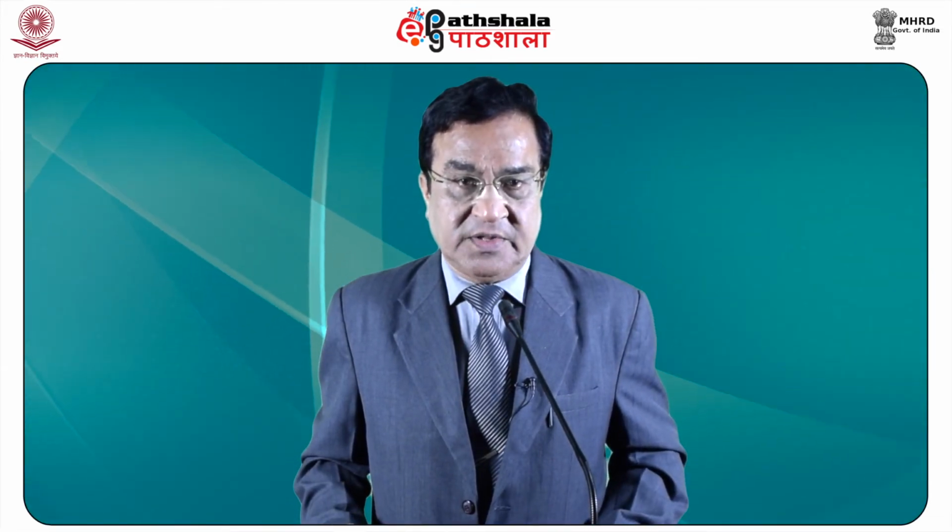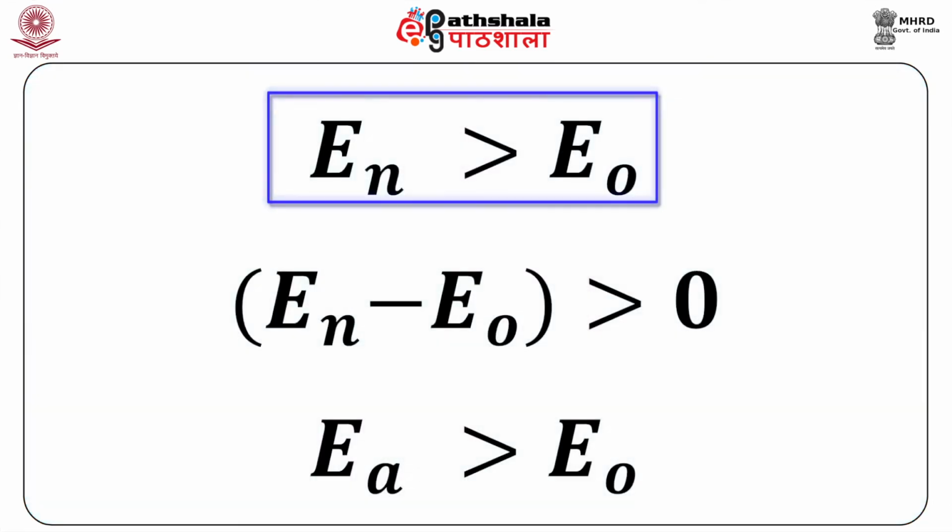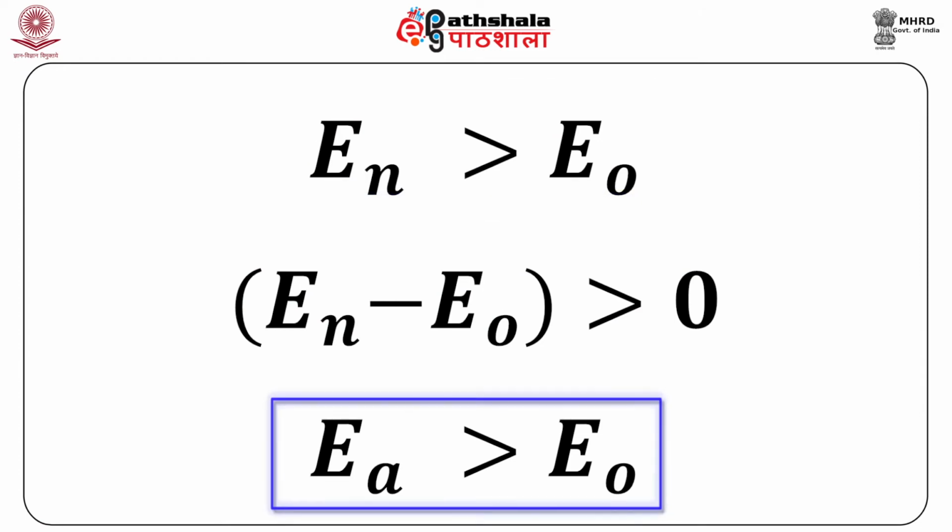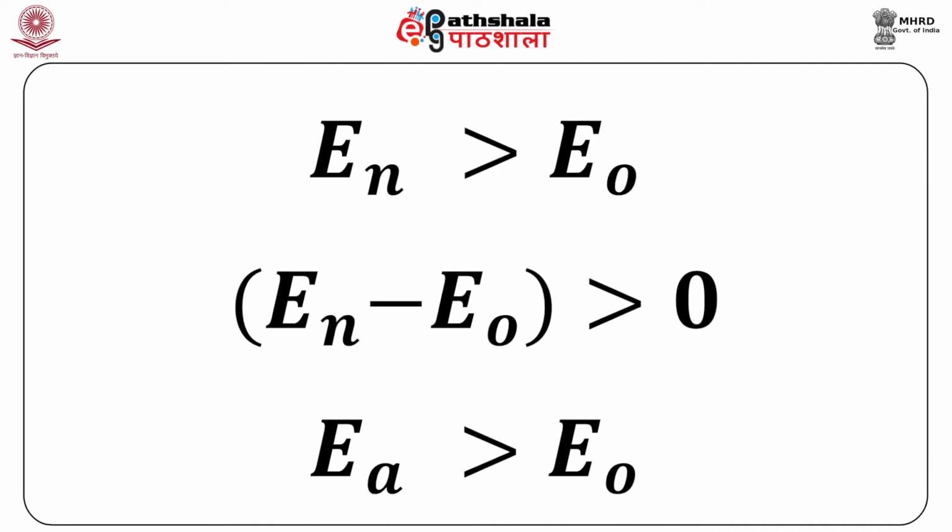That's basically the condition, we have already shown it earlier. Therefore, from here we get En is greater than E0, or ultimately EA is greater than E0, and that's basically what the variation theorem says.